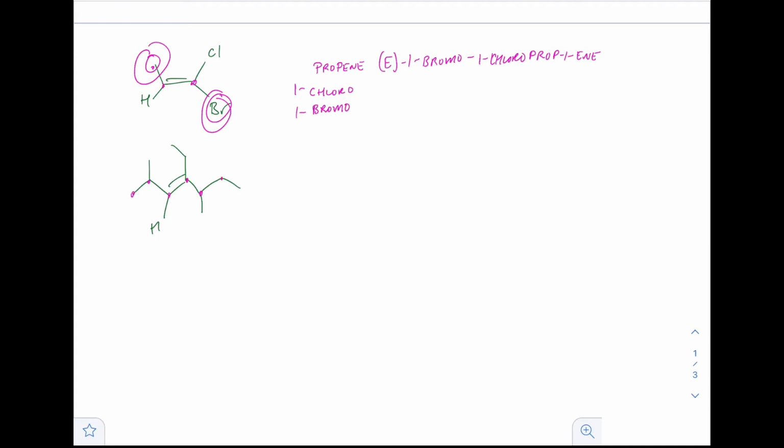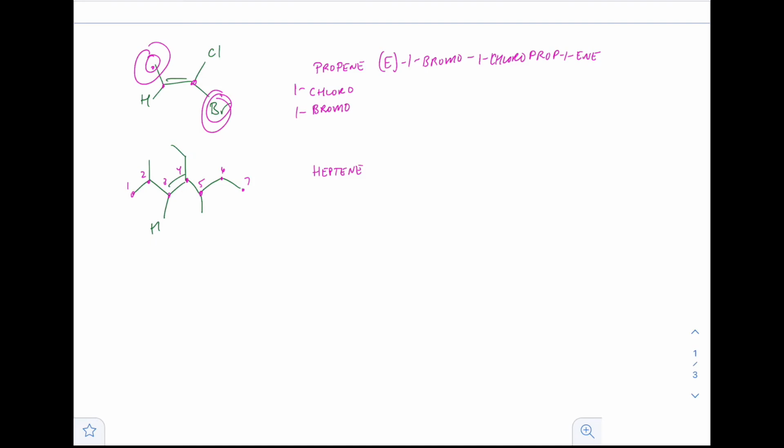So numbering this compound on the bottom, we have 1, 2, 3, 4, 5, 6, 7. So remember that is heptene. Now, of course, we've got to figure out where to number that. 1, 2, 3, 4. And then 1, 2, 3, 4. But numbering from left to right gives us the first substituent at the 2 position.